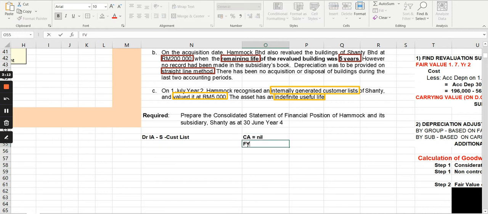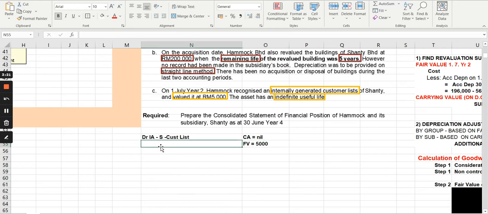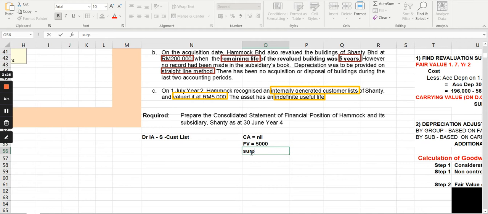And now the fair value is determined to be 5,000. So because of that, there was a surplus, and that surplus arising on revaluation is 5,000 as well.